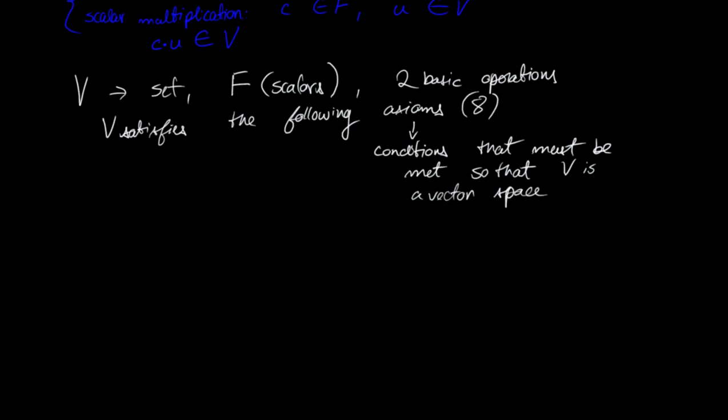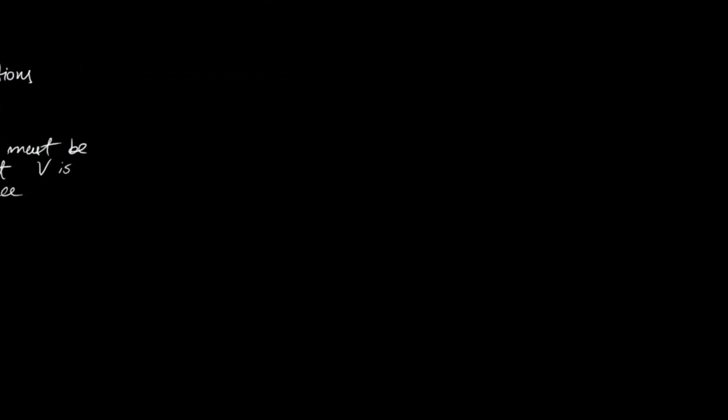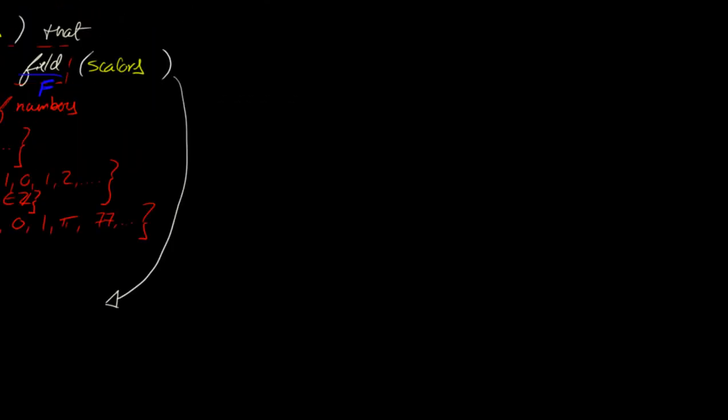So what are these conditions? I'm running out of space, so I'm going to write them over here: conditions or axioms for my vector space. The first condition is commutativity. I'll call it axiom 1.